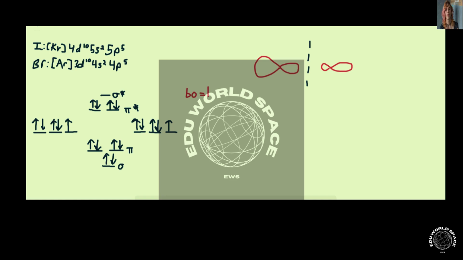Conversely, you can think of that as the size of your electron cloud also increasing. Because iodine has a higher atomic radius and a larger electron cloud when it's forming its orbitals, the contribution of iodine is going to be greater than bromine.